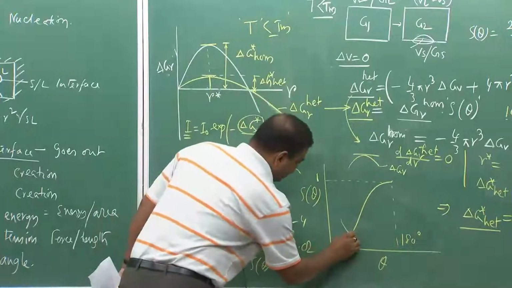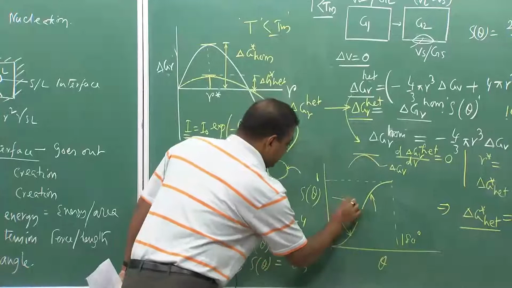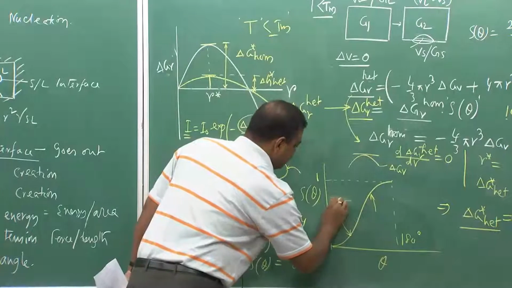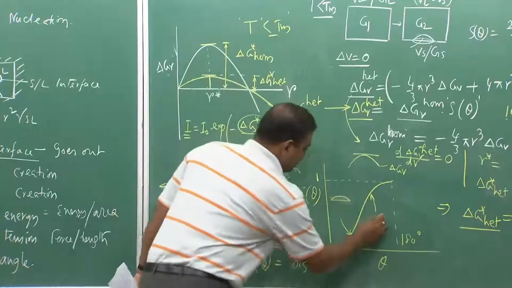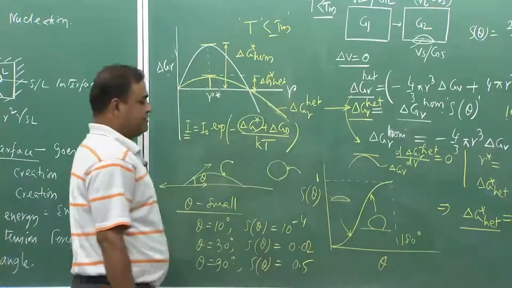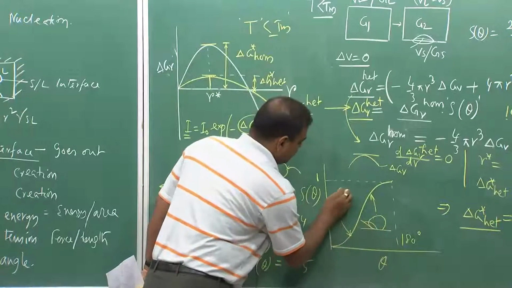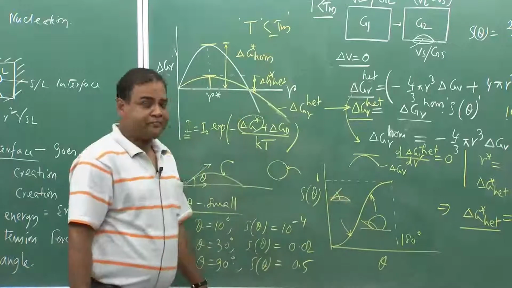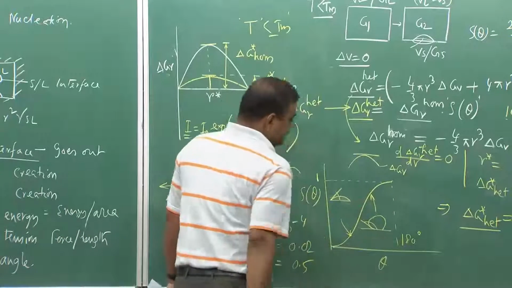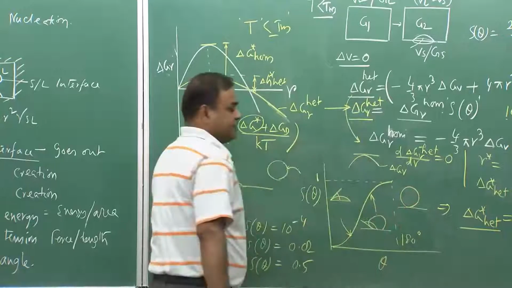If I look at the shape at these 2 points, in this case the shape would be like this, and in this case like this. So, here the contact angle is very large and here the contact angle is very small. And at 180 degree, an interesting thing happens.